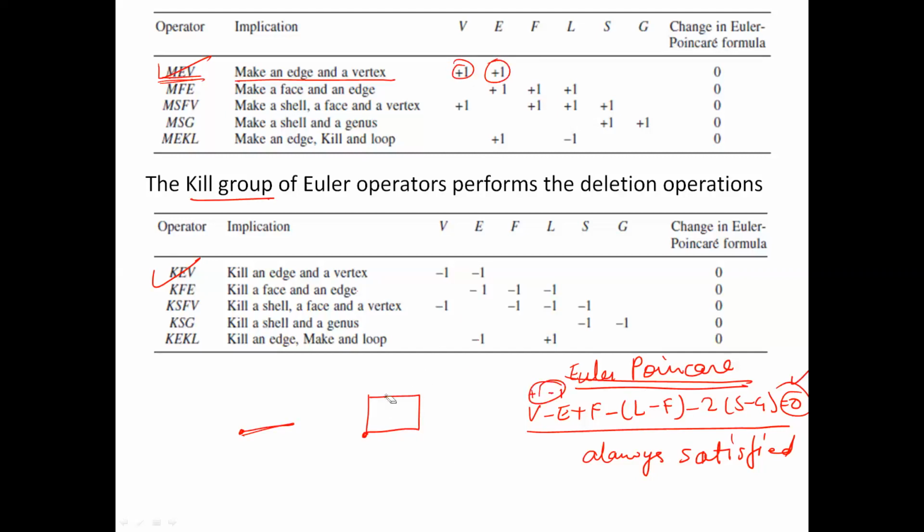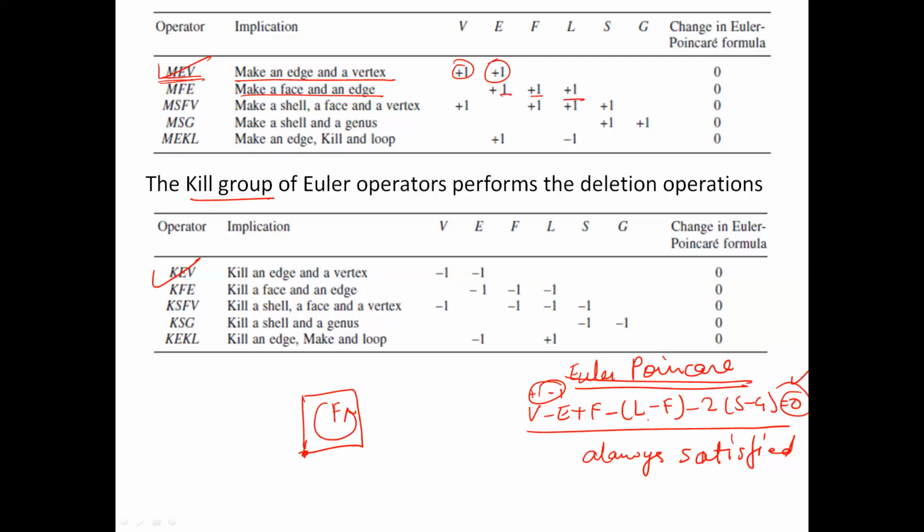Similarly, if I go into the second command, make a face and an edge. If I make an edge and a face, a loop is automatically going to be created. This is an edge, this is a face, and on a face, orientation is automatically there, so a loop is automatically there.